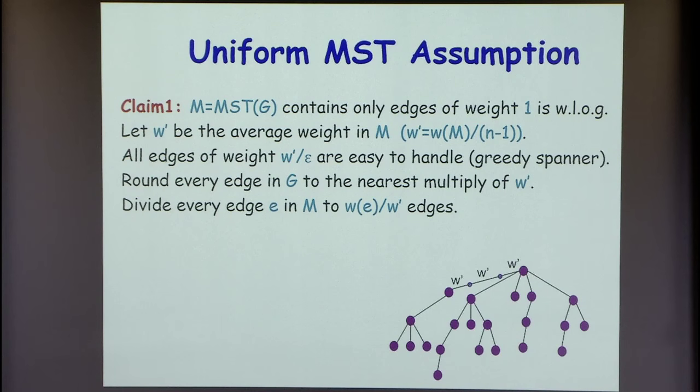Okay, so we didn't change much the weights, and we didn't add too many nodes. And now we have that the MST edges are all of uniform weight. Now we can just divide everything by W prime, and it won't change anything. So now we reduce to the case where the weight of each edge in the MST is 1.